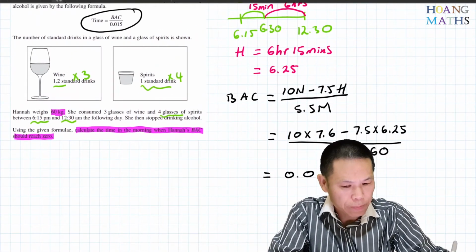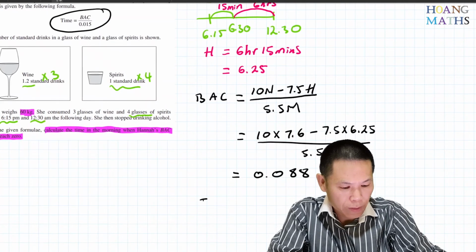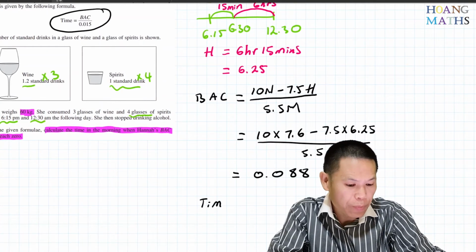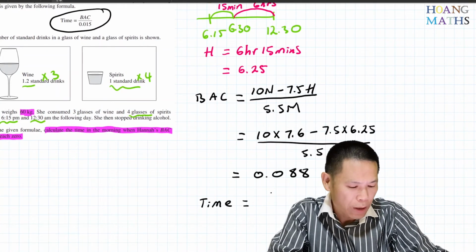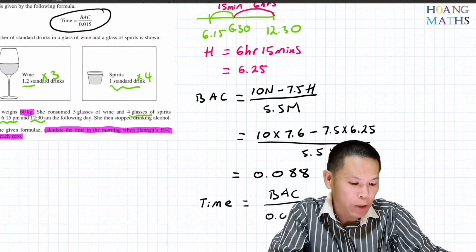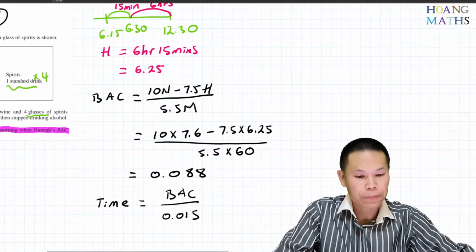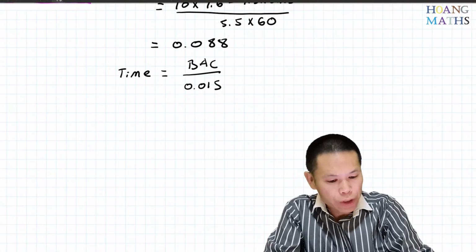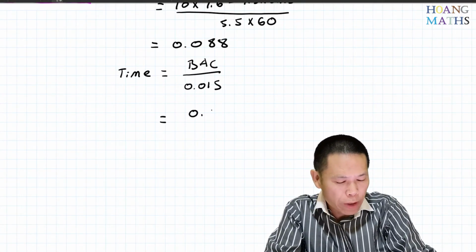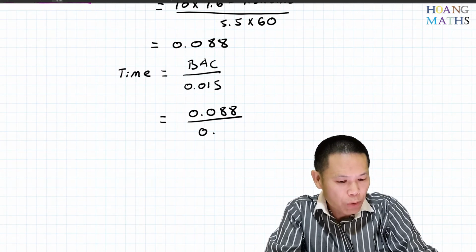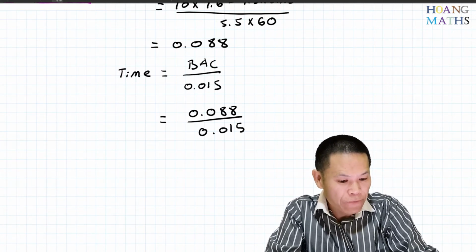So I just write this down. T, time, is equal to BAC, blood alcohol content, over 0.015, which is equal to 0.088 divided by 0.015.